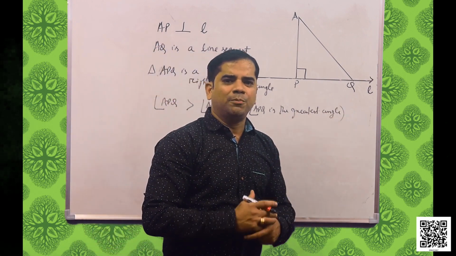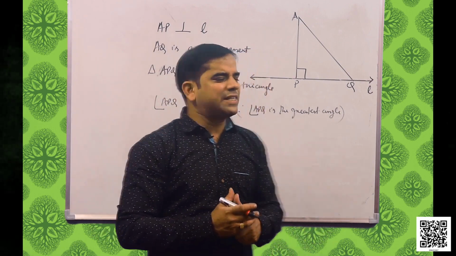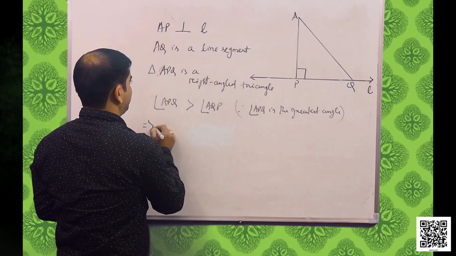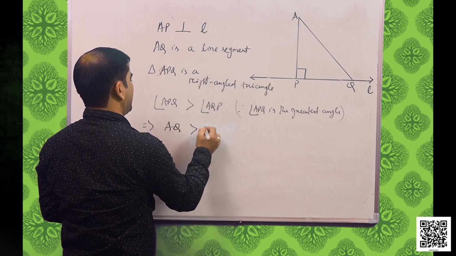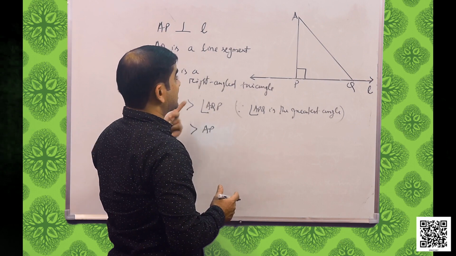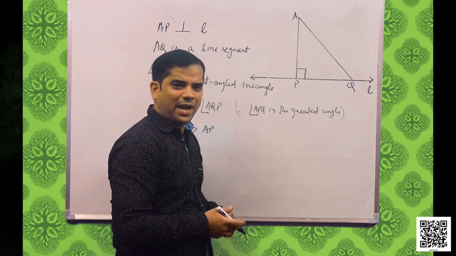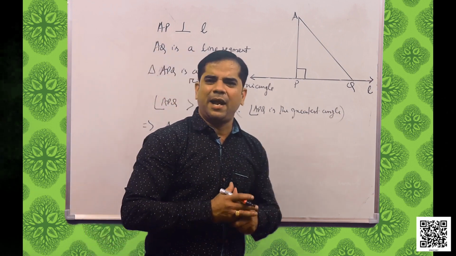Okay. So, it implies AQ is greater than AP. Why? AQ is the side opposite to the greater angle. That is why AQ is greater than AP.